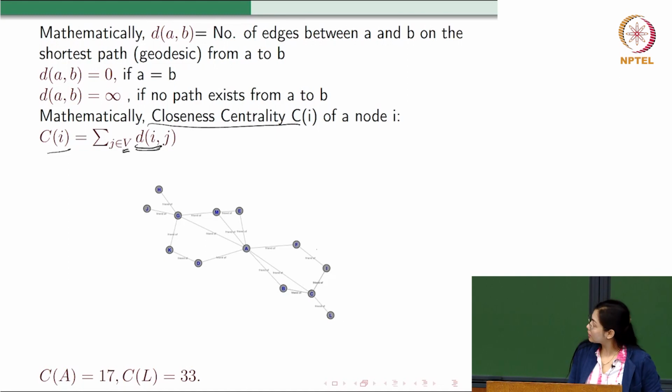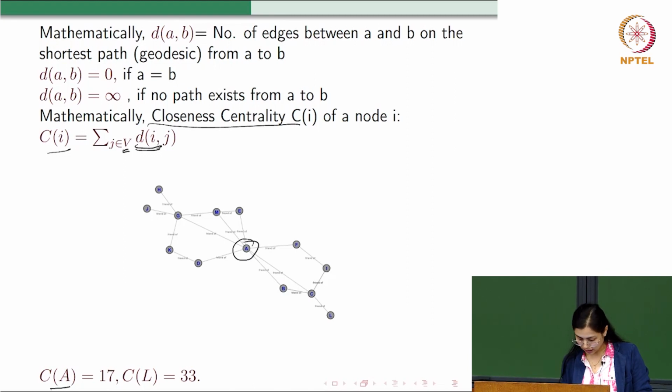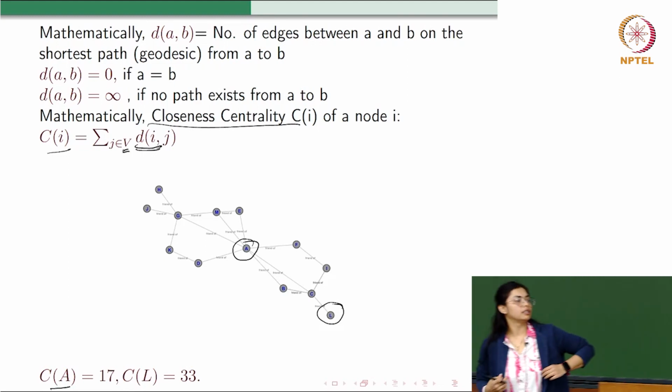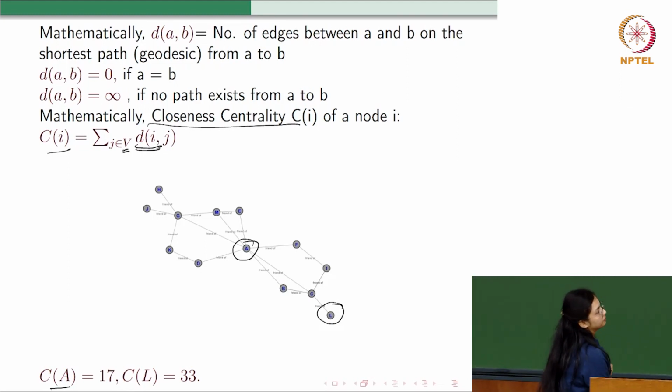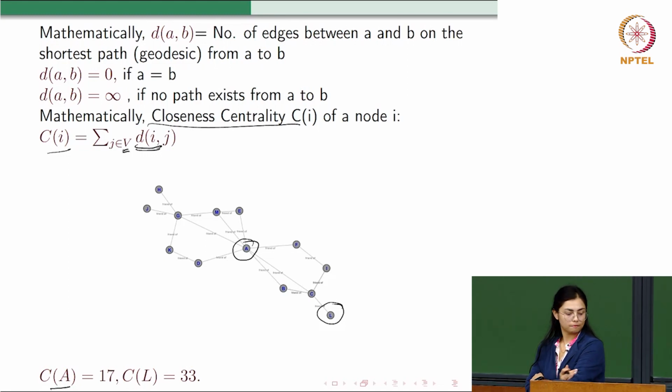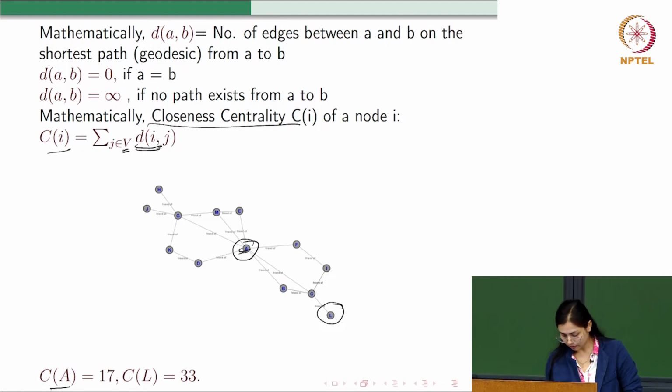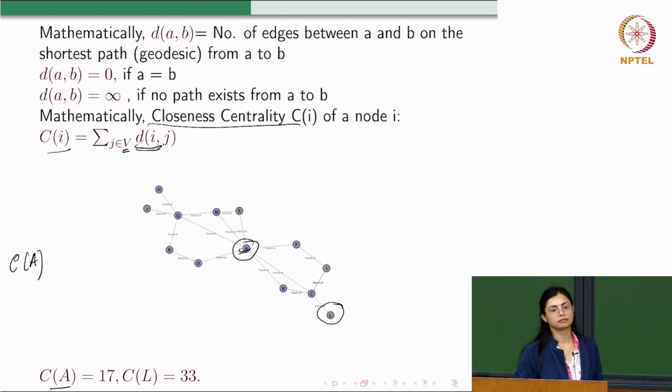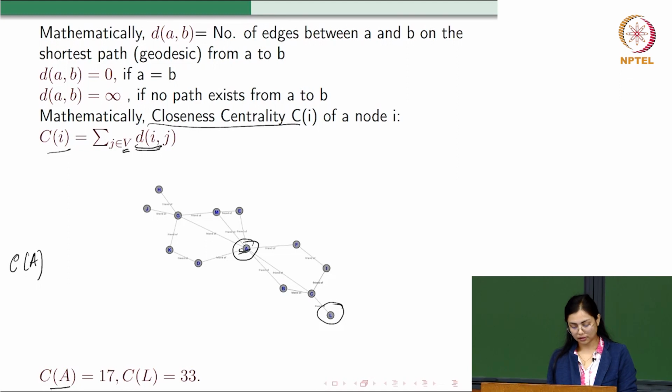Okay. Is this graph visible to everyone? Given that the closeness centrality for A is 17 and closeness centrality for L, where is L, is 33. So can you just try to verify it? So let's do it for A. For closeness centrality for A, you just have to sum up the length of the shortest paths from A to all the other nodes.